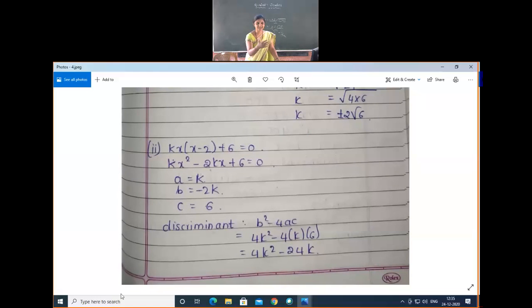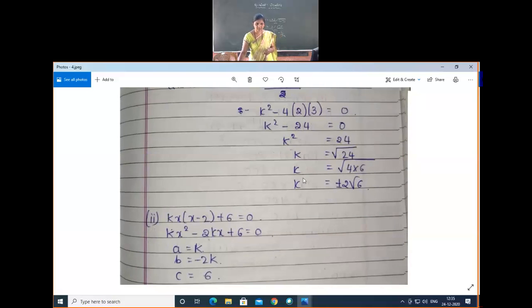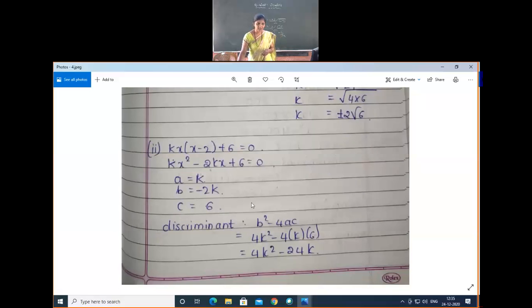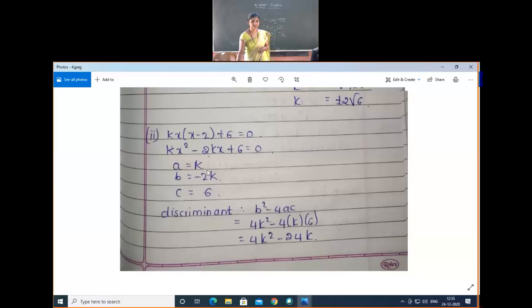While screen sharing, we'll continue in our own way. It is one-way teaching actually. I just want to show the answers to you. Just verify your answers later. In 5 minutes we'll discuss your doubts. So is it right, students? The k value is plus or minus 2 root 6. Yes. Now we'll work out another question.